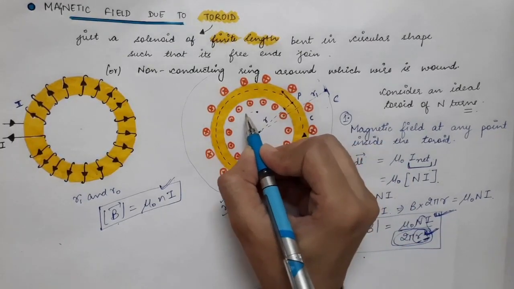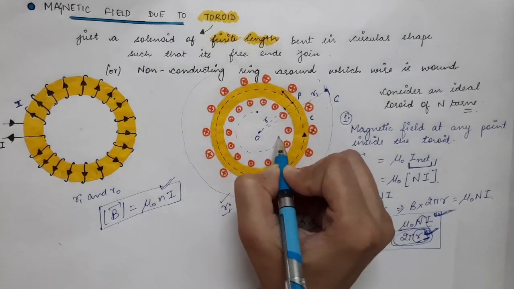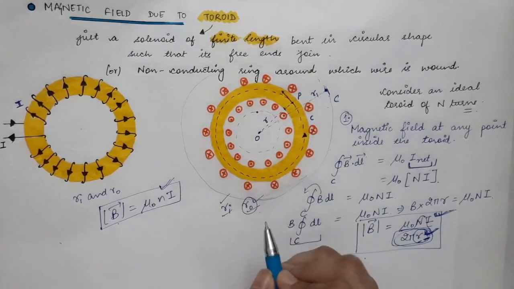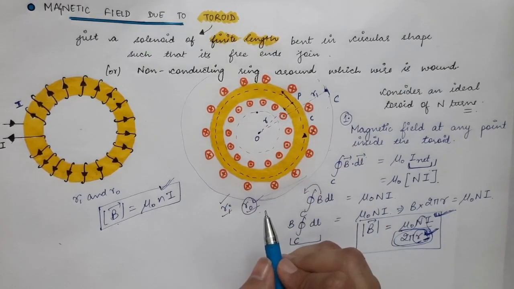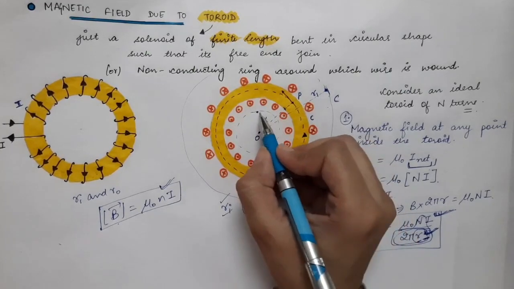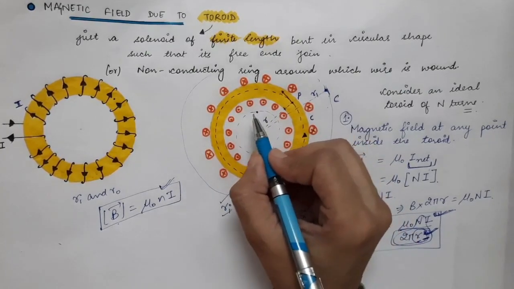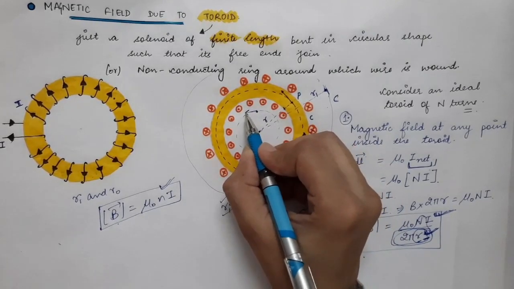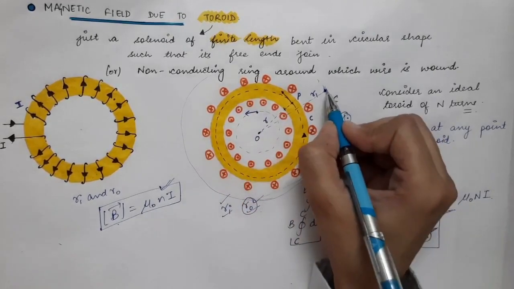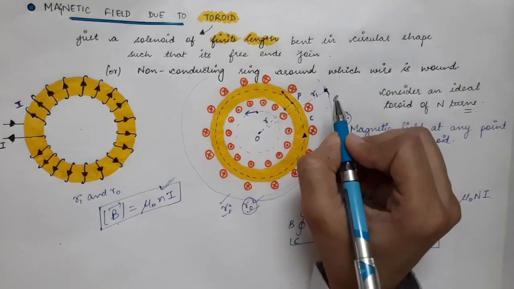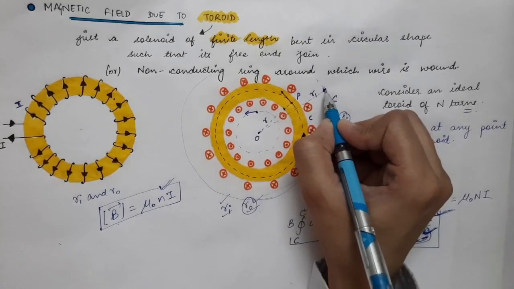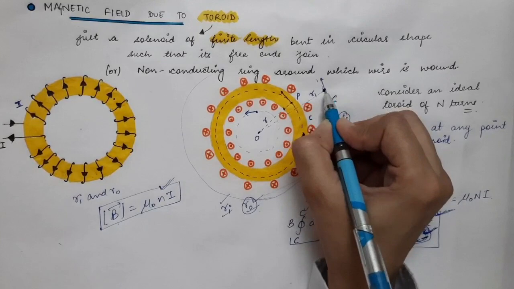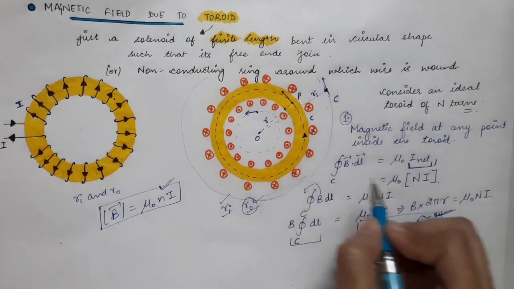So for this case also you will draw a circular path like this, and according to the symmetry of this toroid, if magnetic field is present, that magnetic field will be tangential to this circular path, and similar is the case over here. If the magnetic field is present, that magnetic field will be tangential to this circular path.